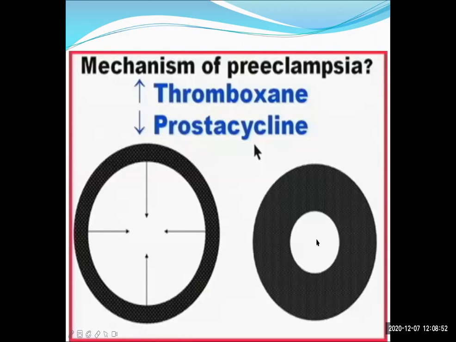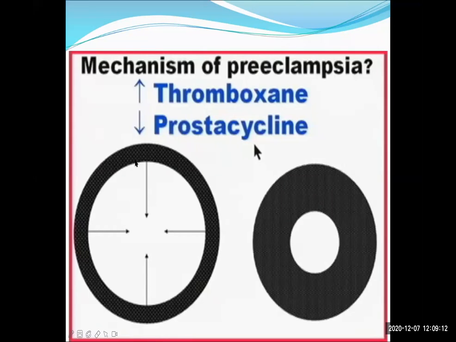It is clearly telling us there is an increased level of thromboxane A2 and decreased level of prostacyclin. That's the imbalance, because thromboxane A2 is the vasoconstrictor substance, prostacyclin is a vasodilator substance.